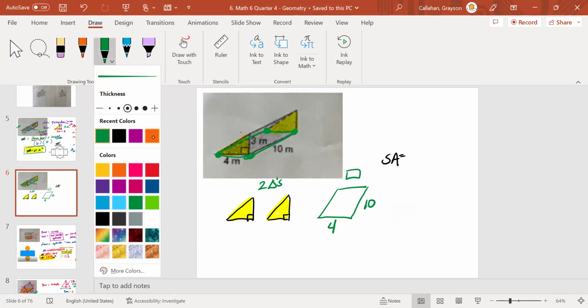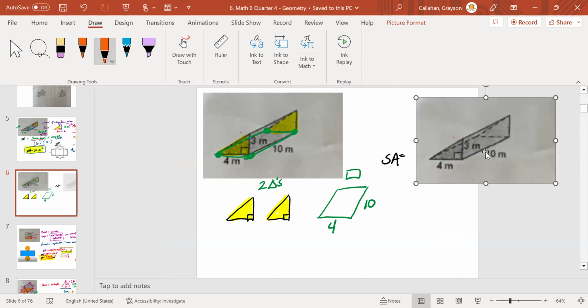Now, another piece of this is going to be, I cannot really see, hold on a second, how many rectangle pieces I actually have.